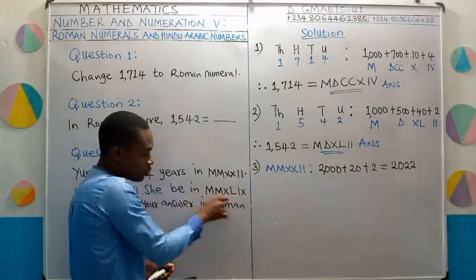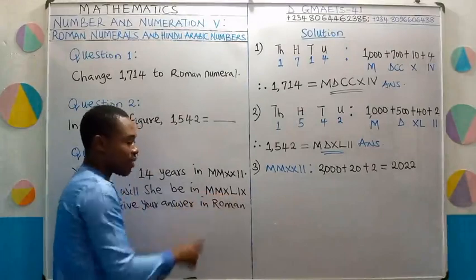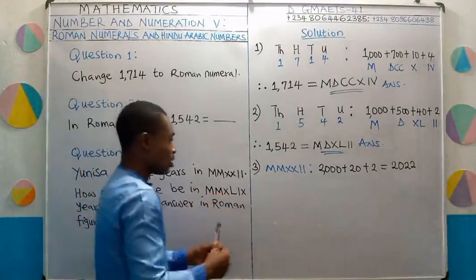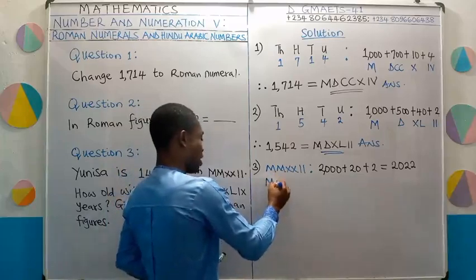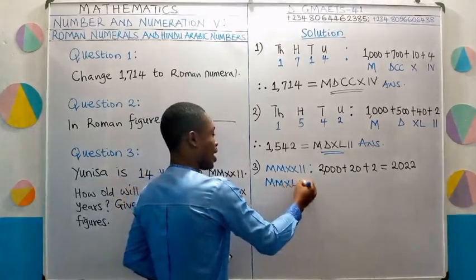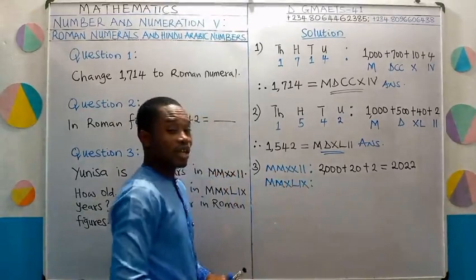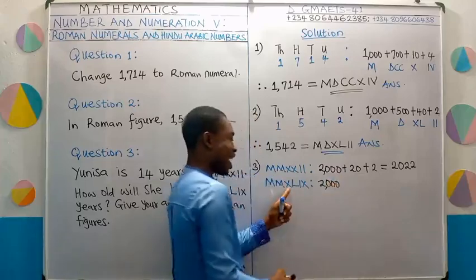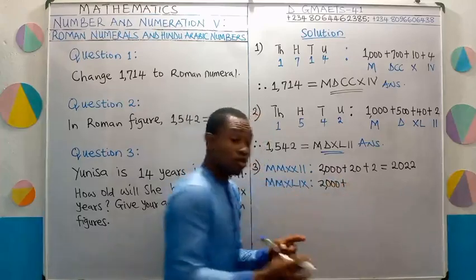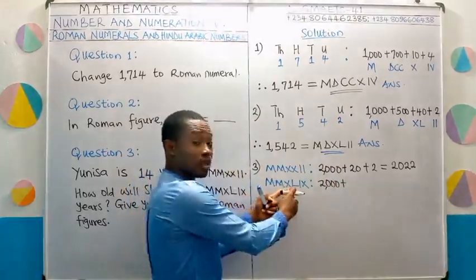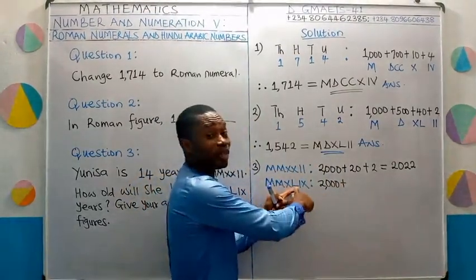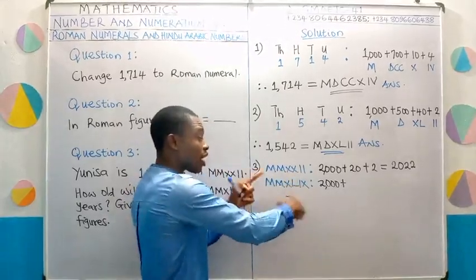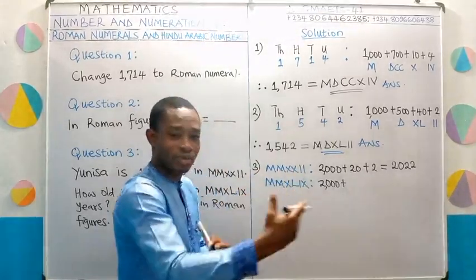Let's find out what year this MMXLIX is. Once again, MM is 2000. And then XL is 40. If you have a small numeral, and immediately after that you have a bigger numeral, you subtract.